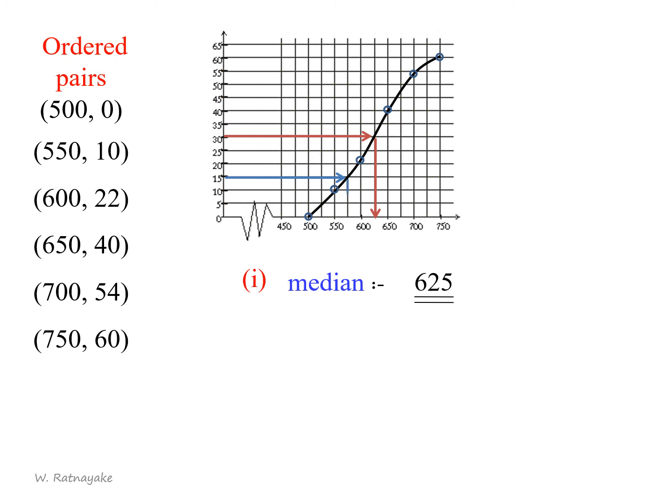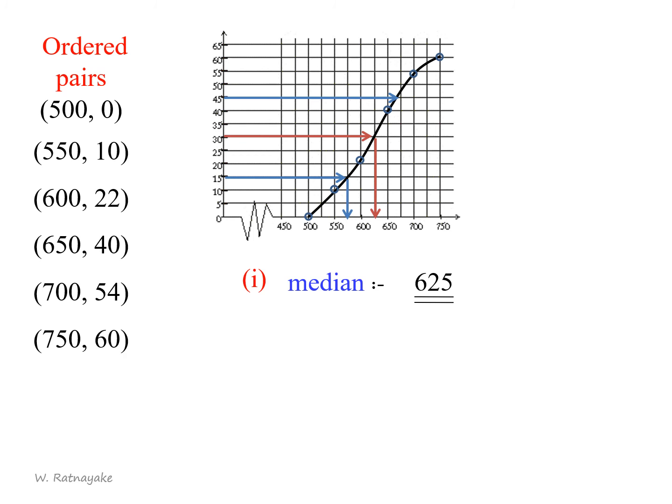Then this value is the margin for the first quartile. So it is 575. It shows like that. And the third quartile: now the third half is from 30 to 60.